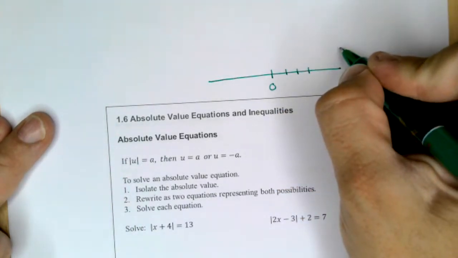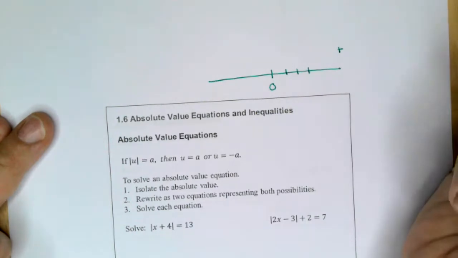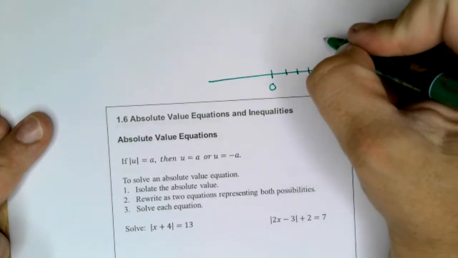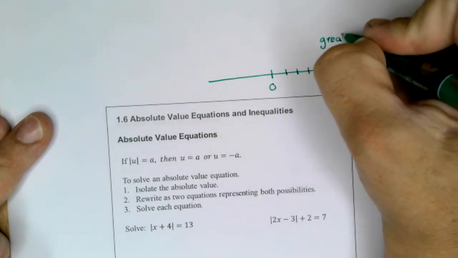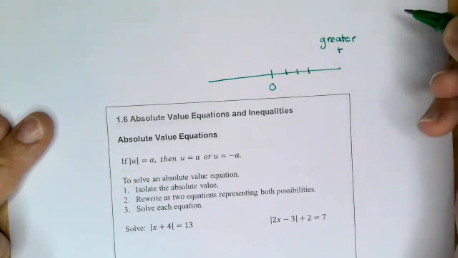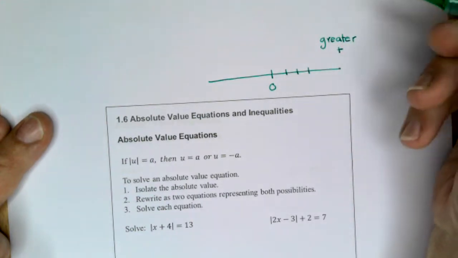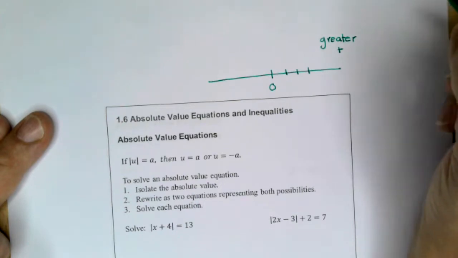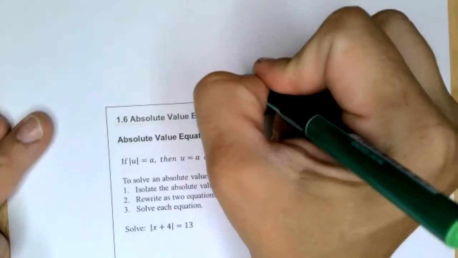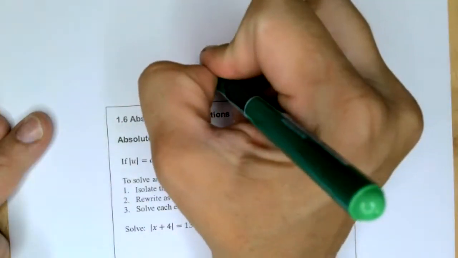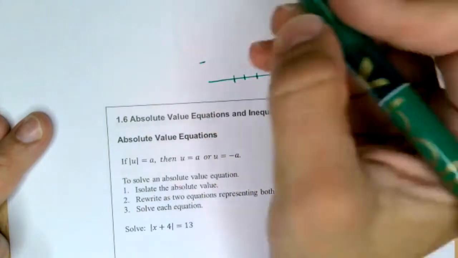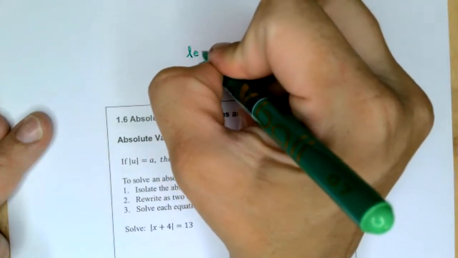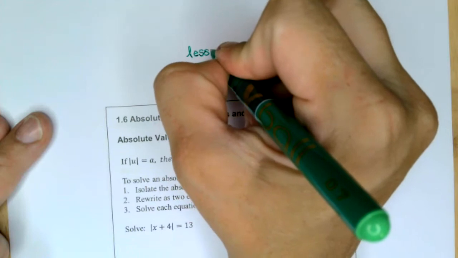If you move to the right of the number line, your numbers are getting bigger. Your values are greater, or your numbers are more likely to be positive, or higher. As you move left on the number line, your numbers become negative or less, right?